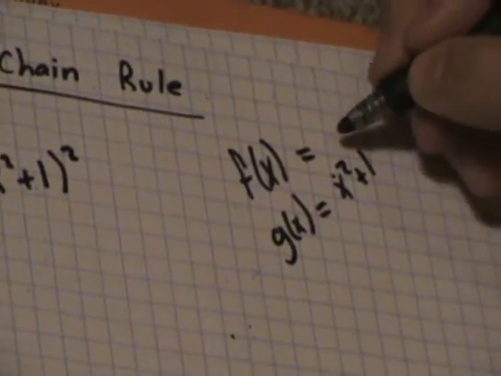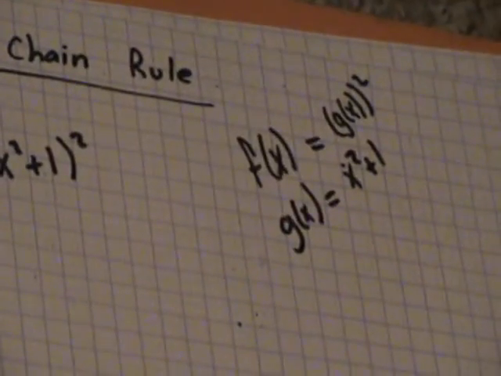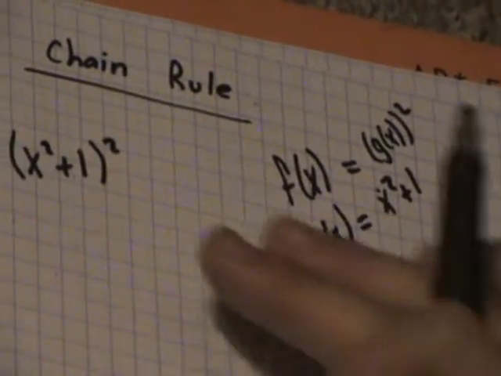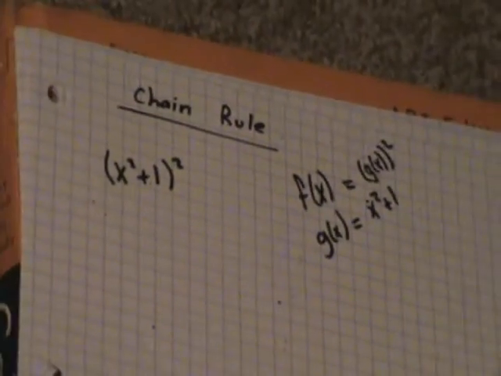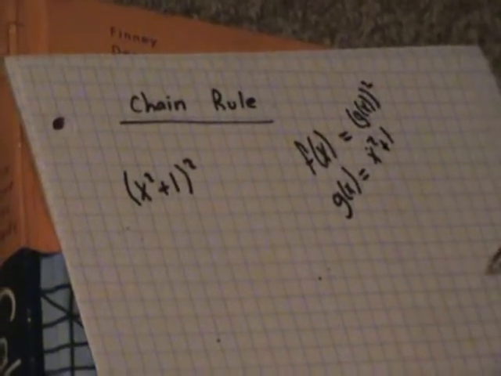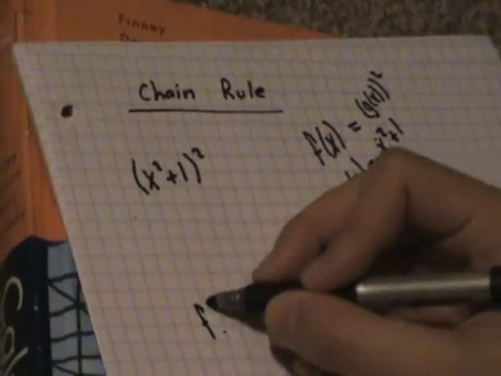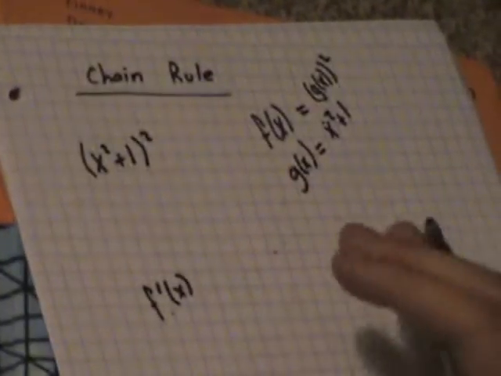Alright, f of x equals g of x squared. g of x could be something else, but f of x is the outside function. So we have the two. How do we do this? Well, first, you find f prime of x. Now, what is f prime of x?